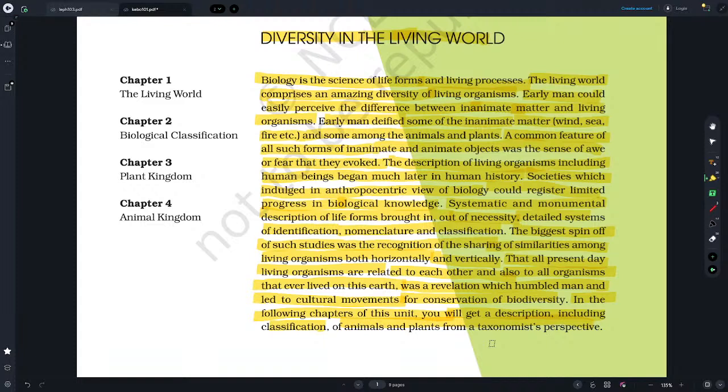All living organisms came from inorganic matter, so all living organisms on earth are technically related, even though very distantly. So what they are saying is that this revelation, this truth, that all living organisms are related, humbled man and led to cultural movements for conservation of biodiversity.